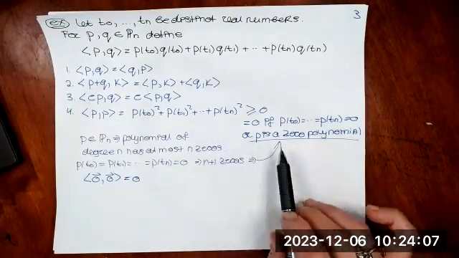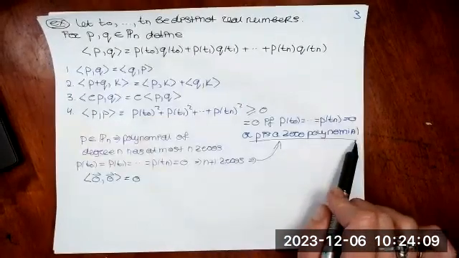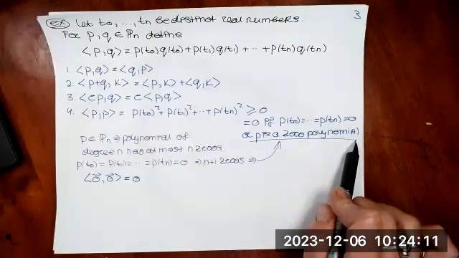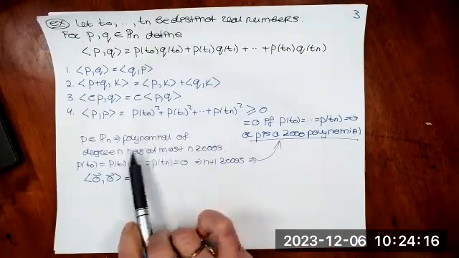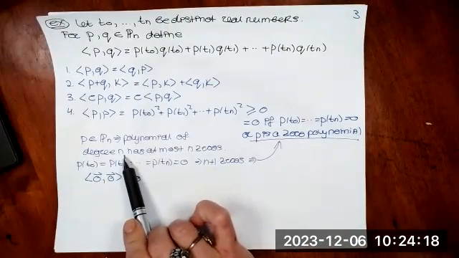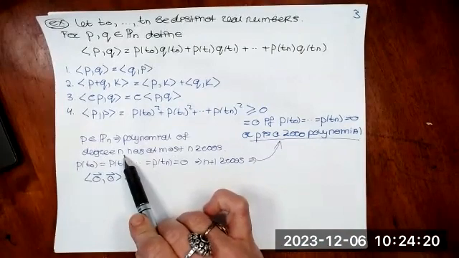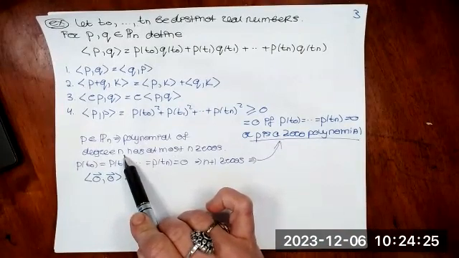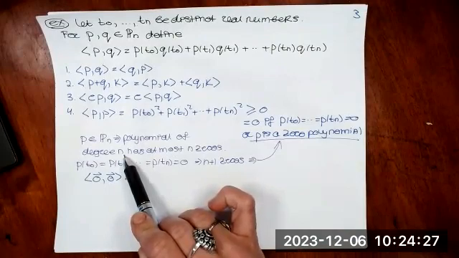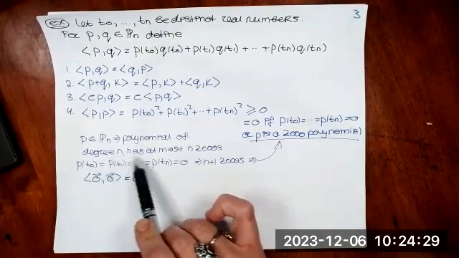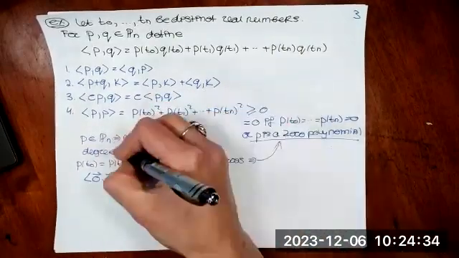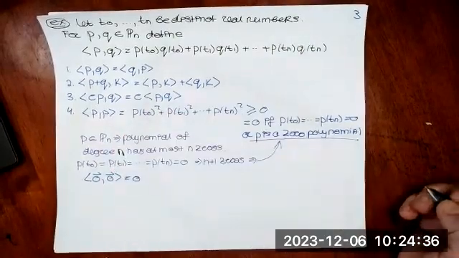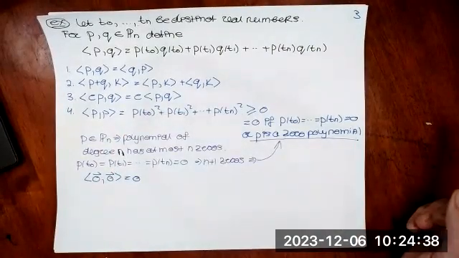But does that imply that P is the zero polynomial? In general, what do we know about polynomials? If we have a polynomial of degree n, from the fundamental theorem of algebra, it will have n total zeros, but distinct ones at most n. So it's not going to have more than n zeros.